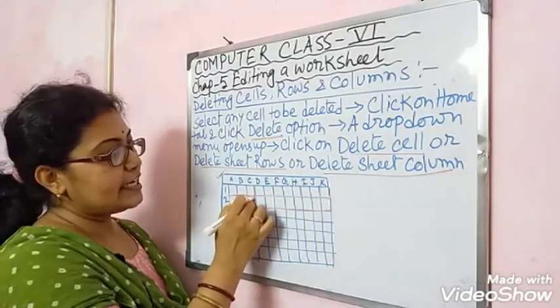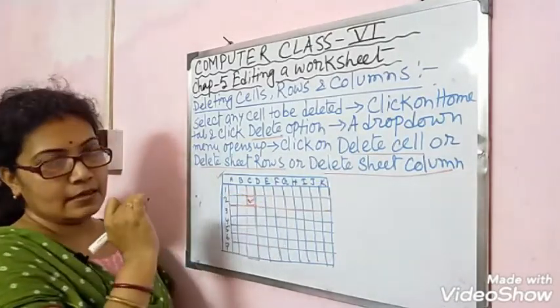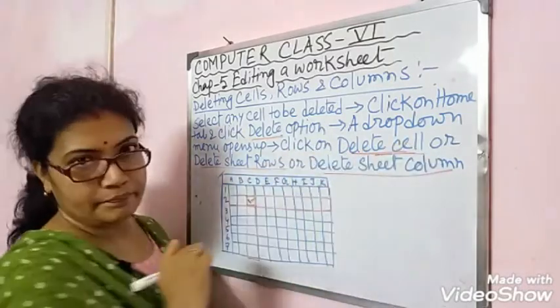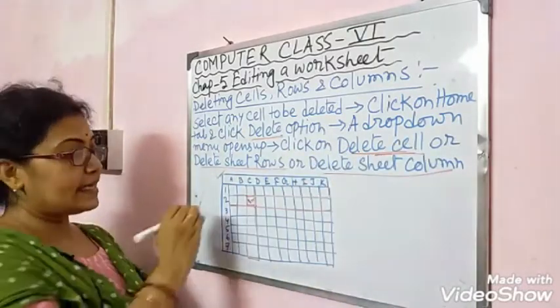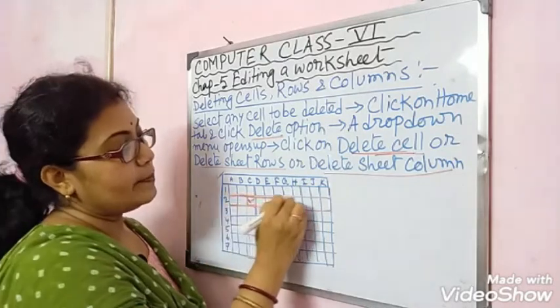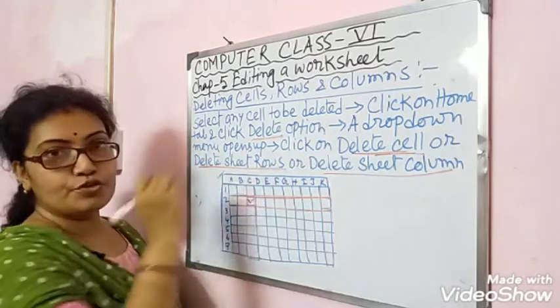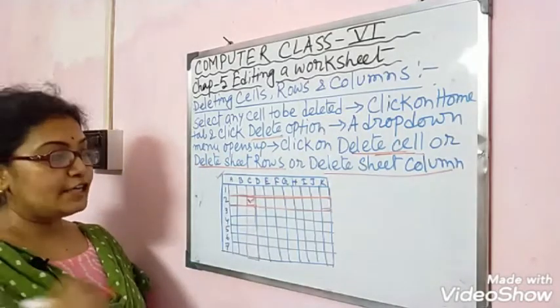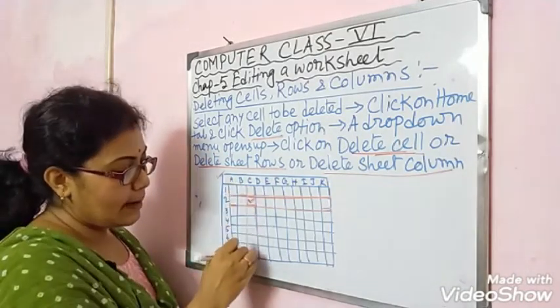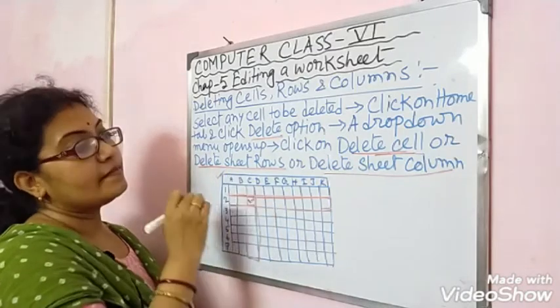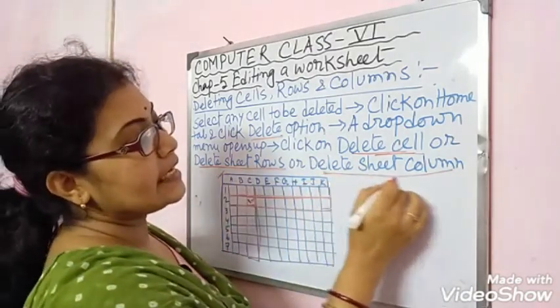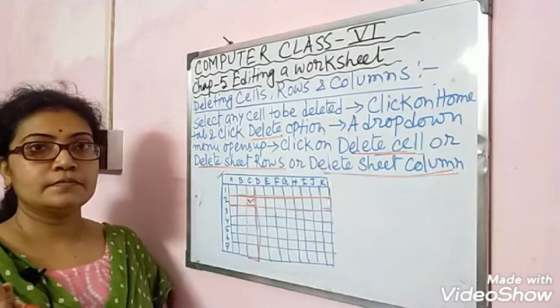If we want to delete a single cell, just select delete cell. If we want to delete a particular row, we choose delete sheet rows. And if we want to delete a particular column, we select delete sheet columns.